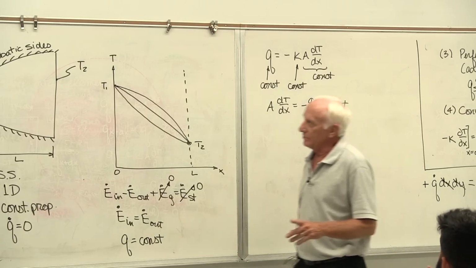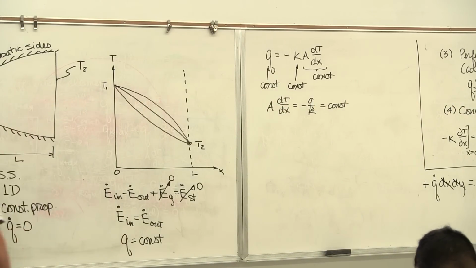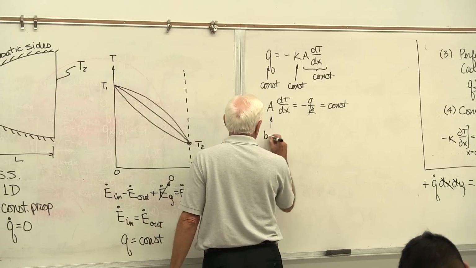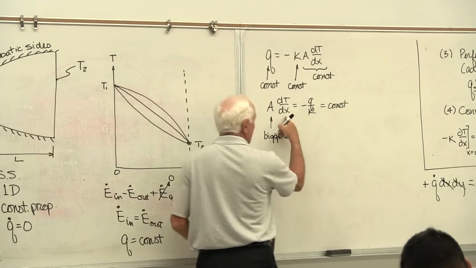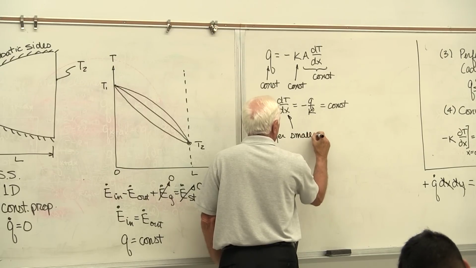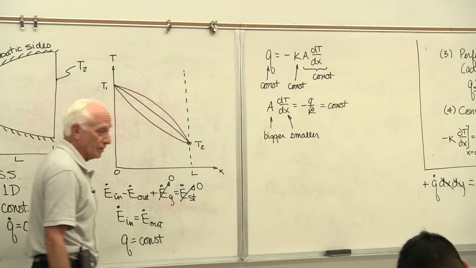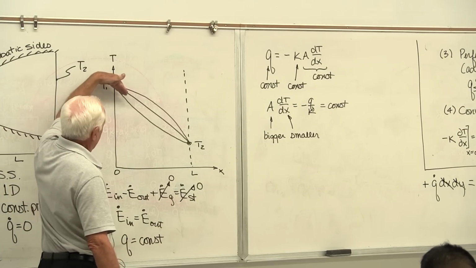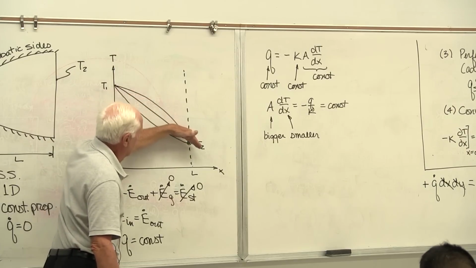What does the area do as x increases? You can see the area gets bigger and bigger. If you multiply this bigger number by another number and get a constant, this guy better be getting smaller, otherwise it wouldn't stay constant. What does that mean? That means as x increases, the slope dT dx must be getting smaller. Here the slope at this location is the same as there.